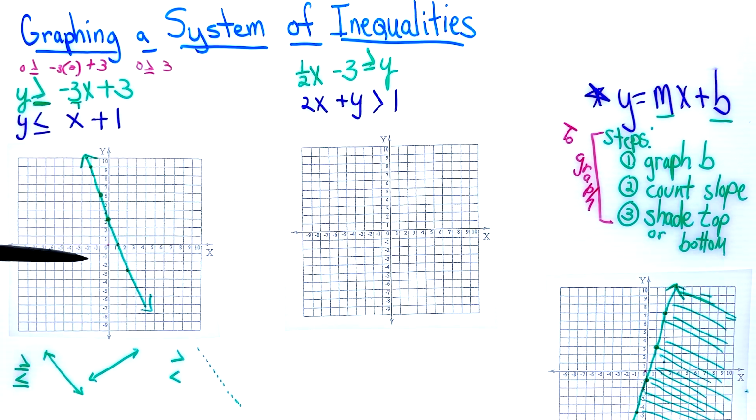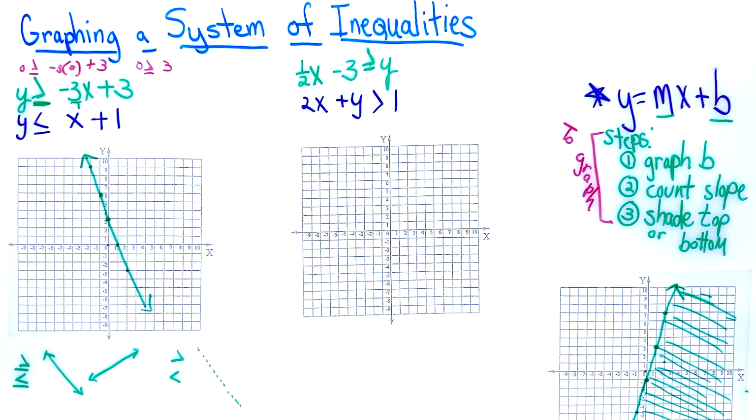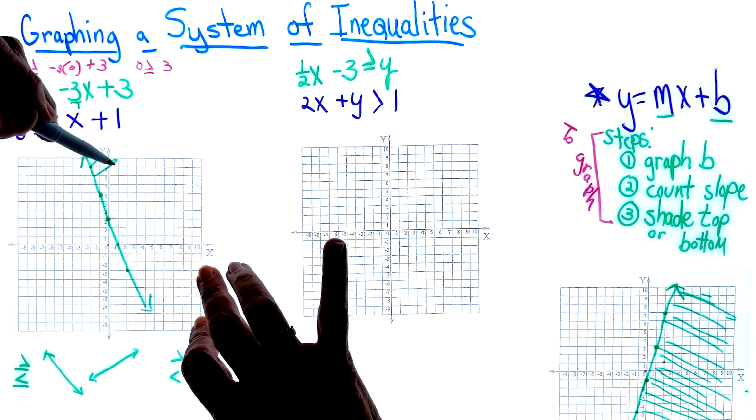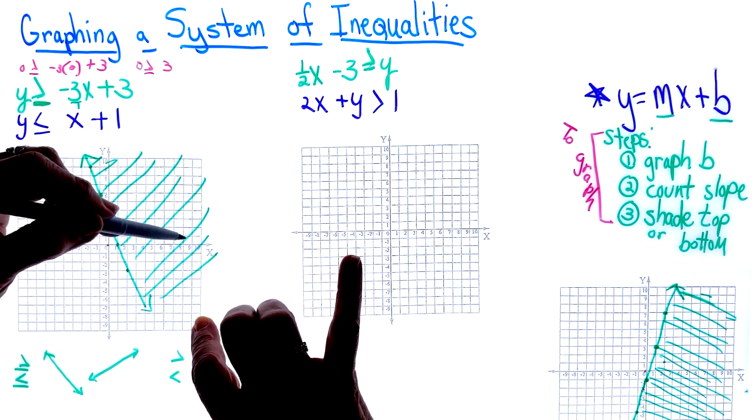The answer, of course, is no. So when you get a no, you can check another point, like I've shown you with our other problems, or you know that you're not shading where that 0, 0 is, because that's false. So for this first inequality, I am going to shade the top part of the line.